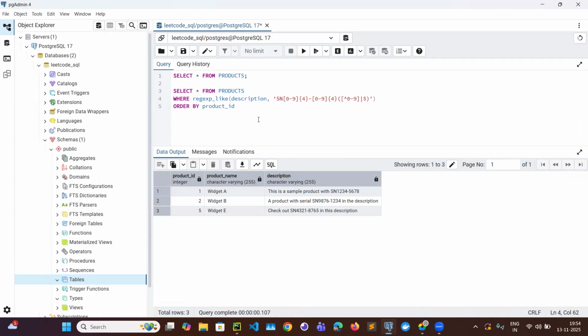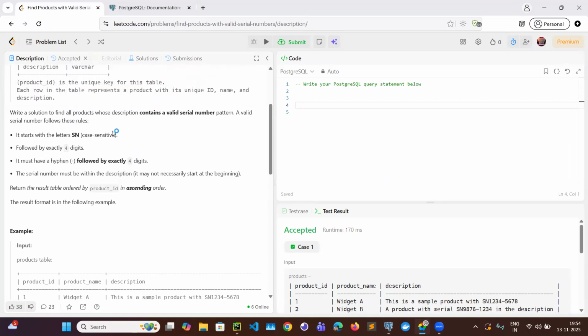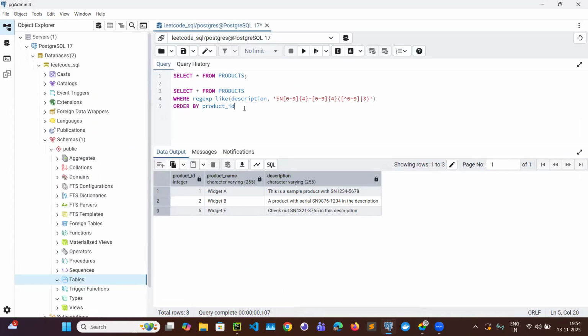But will this work? The answer is no. I will tell you why this will not work. This is working here, but here it is mentioned it should start with the letters SN. But what will happen if I give BSN 1 2 3 4 5 6 7 8?